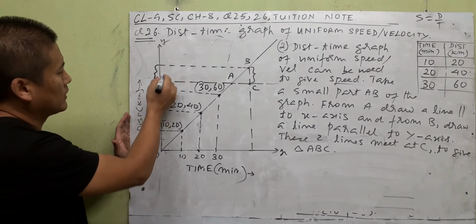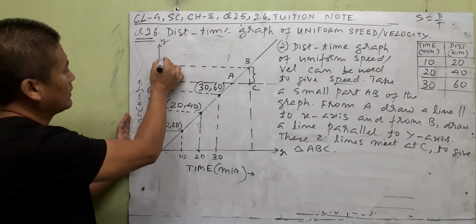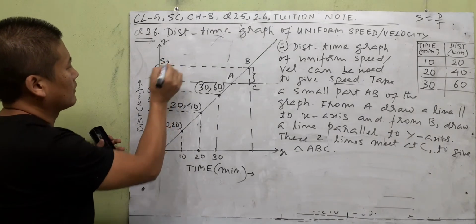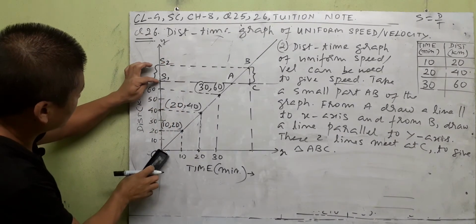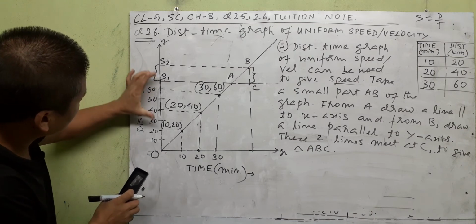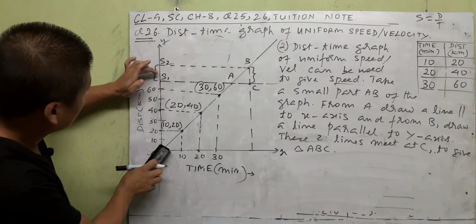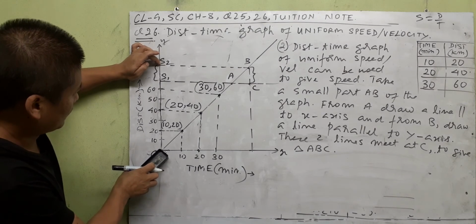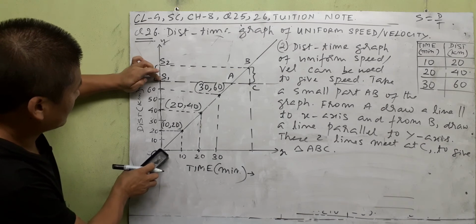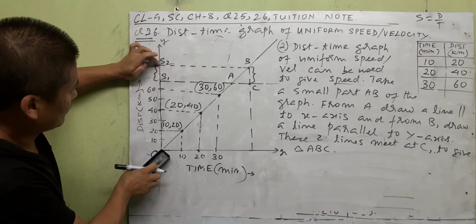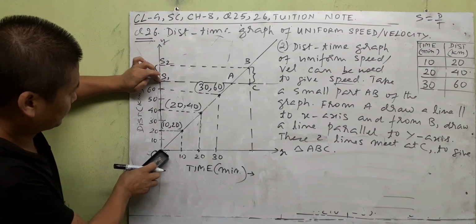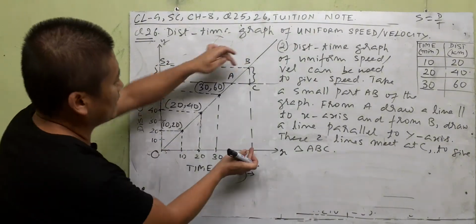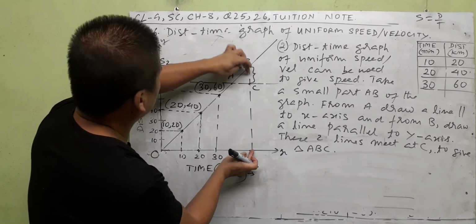Now let us say this one is S1 and this is S2, meaning from 0 to here, which is around 70 kilometers, is S1, and from 0 to here, around 90, is S2.